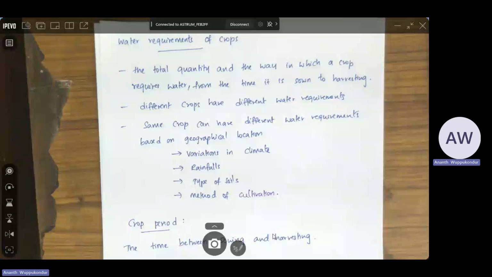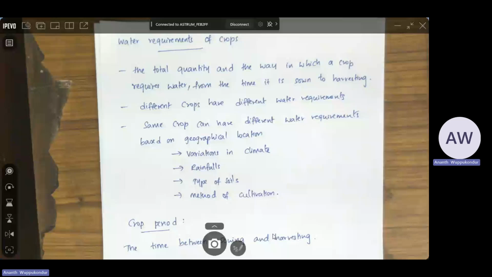That kind of irrigation is called paleo irrigation. And kor watering is the first watering that you provide to the plants. We provide water periodically for the crops, depending on the growth.